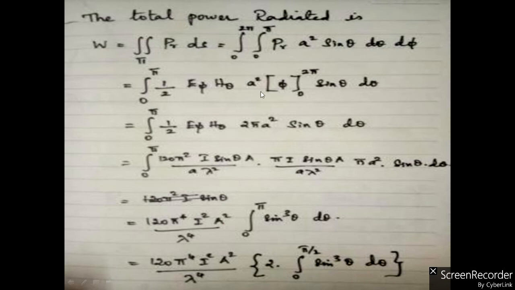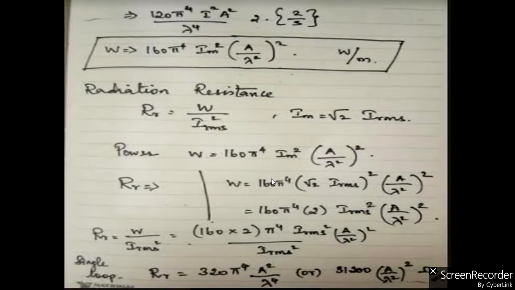If we do the mathematical calculation, we get W, the total power radiated, as 160 pi to the power 4 Im square into (A by lambda square) the whole square.